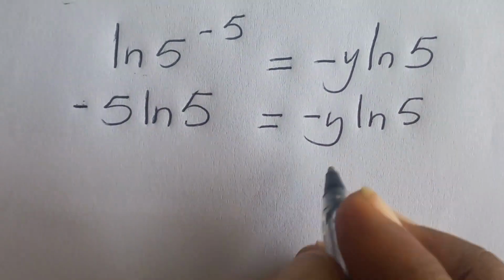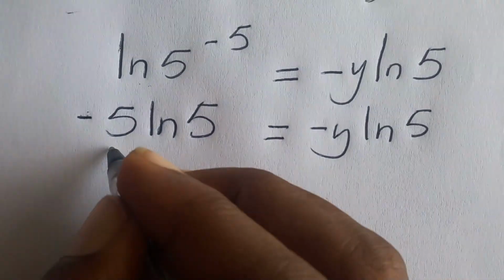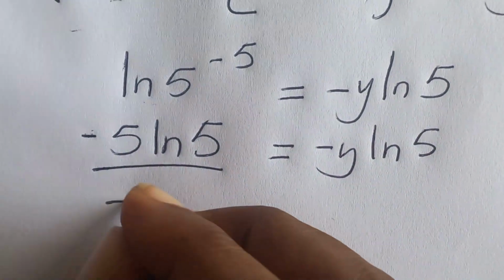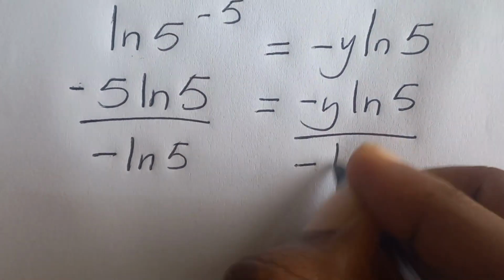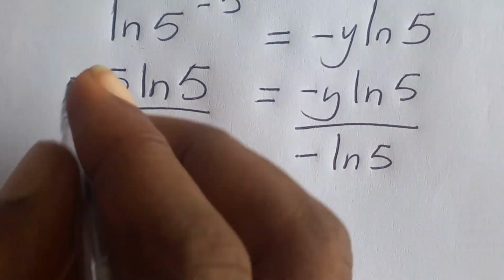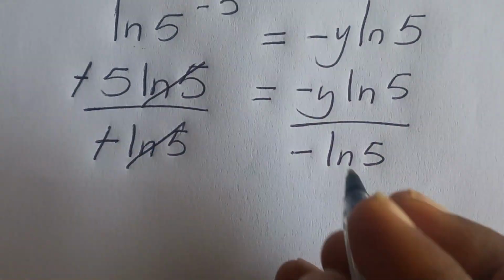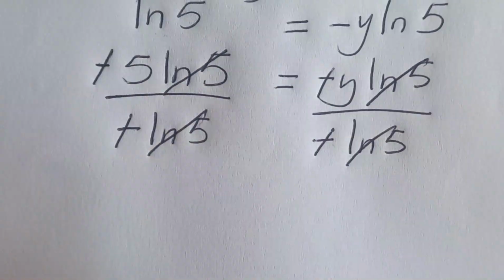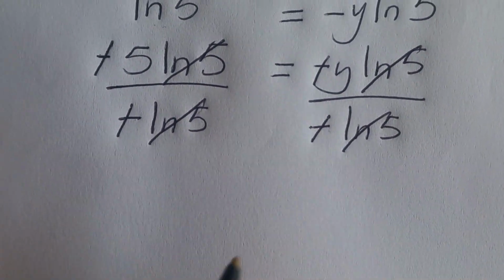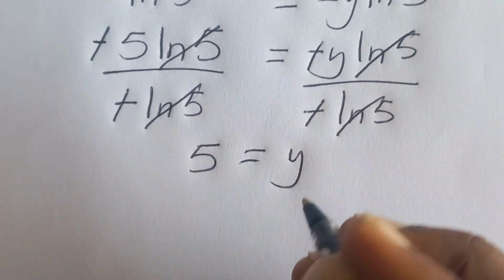Now we divide both sides by negative ln 5. Dividing both sides by negative ln 5, the negative will cancel the negative, then ln 5 will cancel ln 5 here. So I can say that 5 is equal to y.